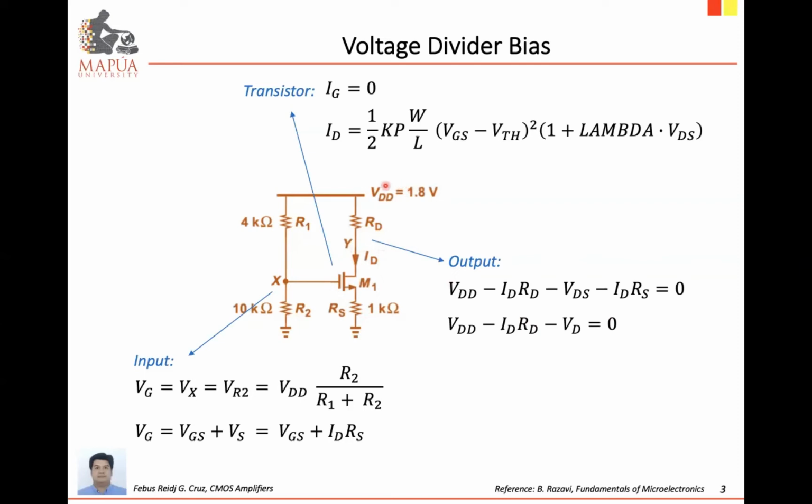So it would be VDD minus the voltage drop across the drain resistor IDRD, and then minus the drain voltage, the voltage from the drain terminal to ground. And we can see that the drain voltage would be equal to VDS plus IDRS. Then the source voltage again would be ID times RS. So can you follow? Please confirm. Yes po. Thank you.